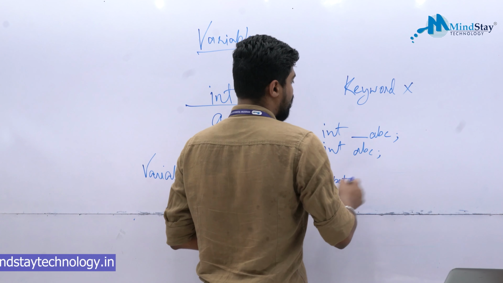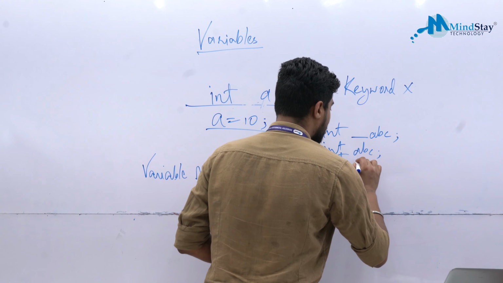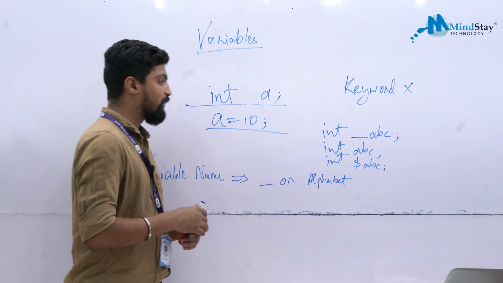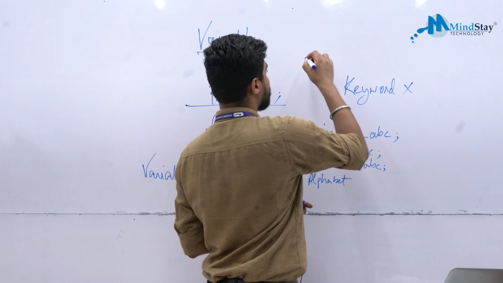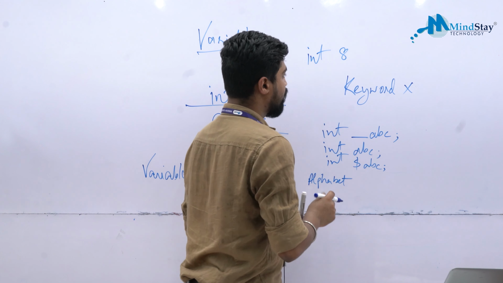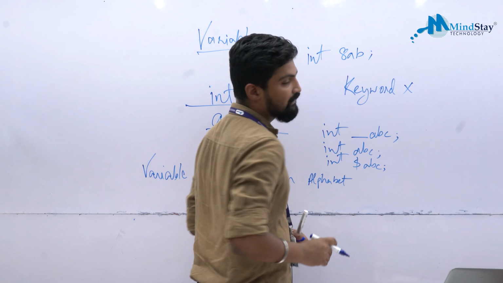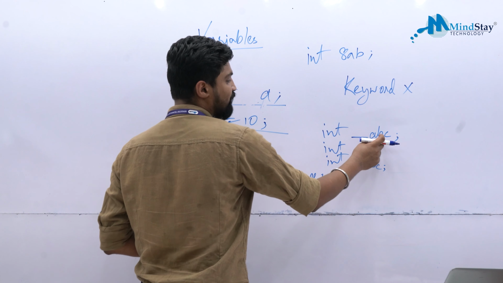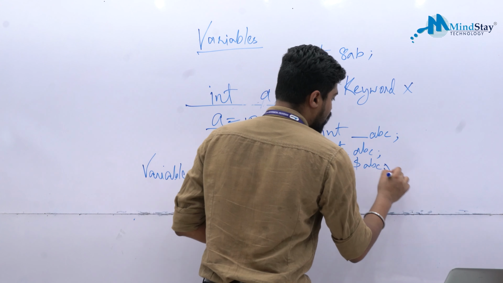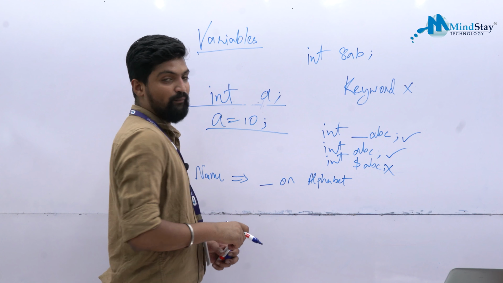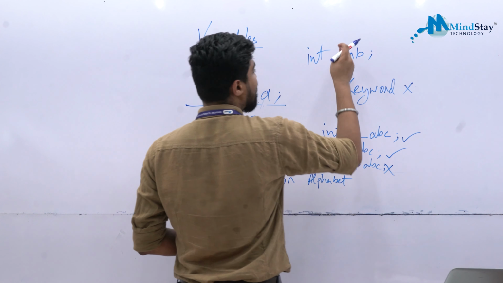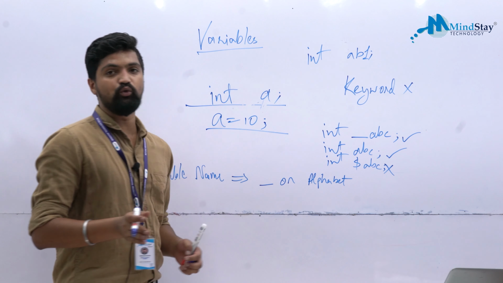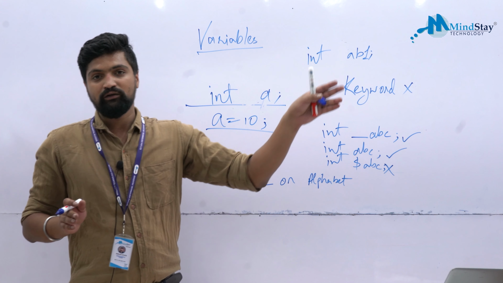You can't start with $abc, as in int $abc, you cannot do that. Also remember, a variable name can never start with any number, as in int 1ab or something like that. It will only start with either an underscore or an alphabet. You can have numbers later on, as in ab1, ab2 and all of that, after starting it.